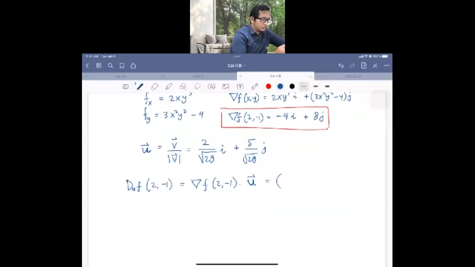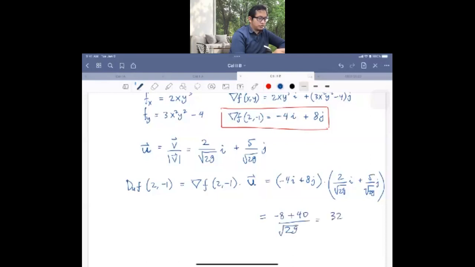And this will be negative 4i plus 8j dot product with 2i plus 5j, divided by square root of 29. So this will be negative 8 plus 40, so this will be 32 over square root of 29.